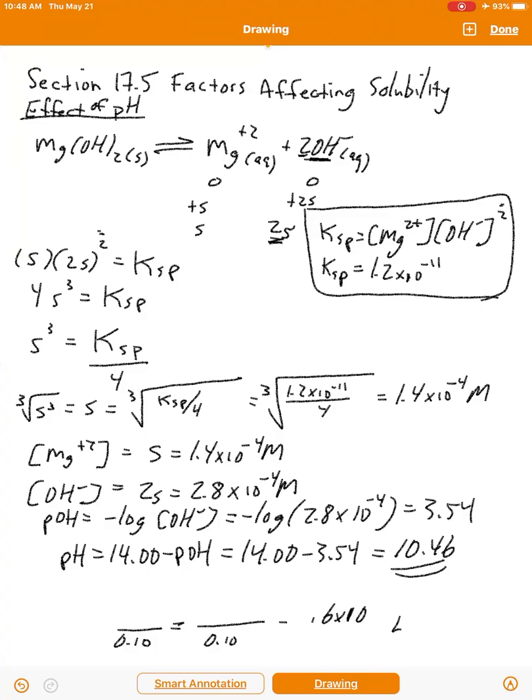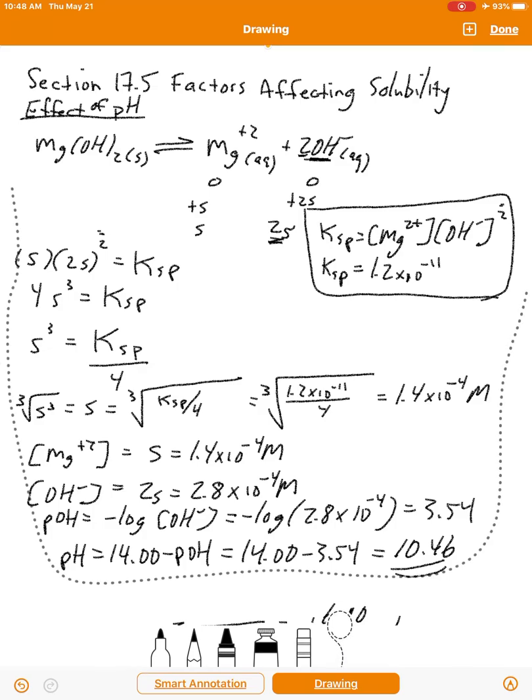Now, here's what I'm going to do. Suppose that we change this around a little bit. Suppose we said what we're going to do is make the pH be a certain value. We could use a buffer, for example, right?